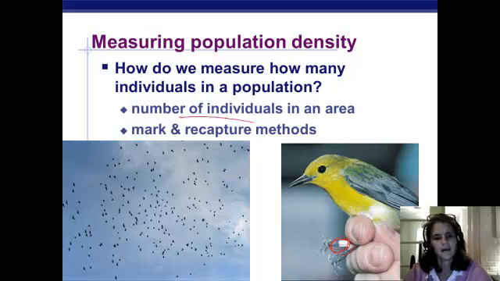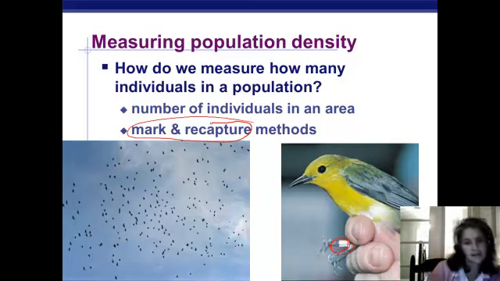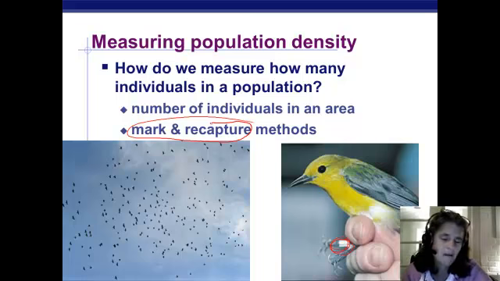This is called the mark and recapture method, and we'll learn about this later on, but it's a good way to determine how many individuals are in a population without having to count every single one of them. So we'll talk about that later.